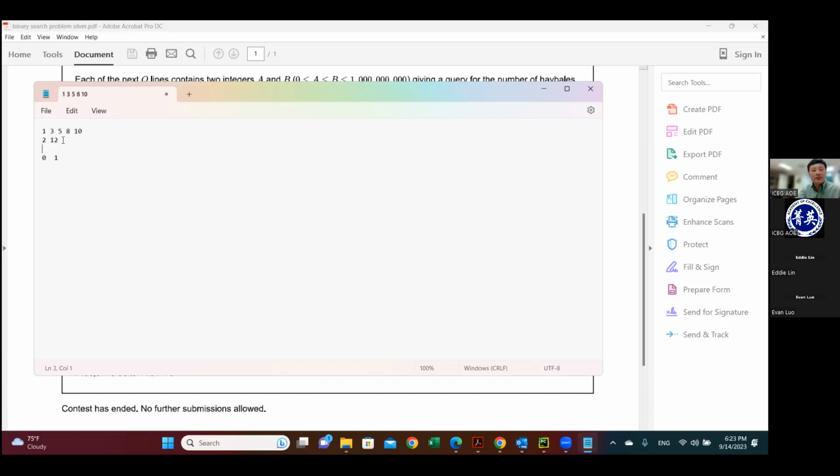Then what is the left bound? 0, 1, 2, 3, 4. Then it will be 4. So how many are in between 2 and 12? That's this 4. Does it make sense to you guys?